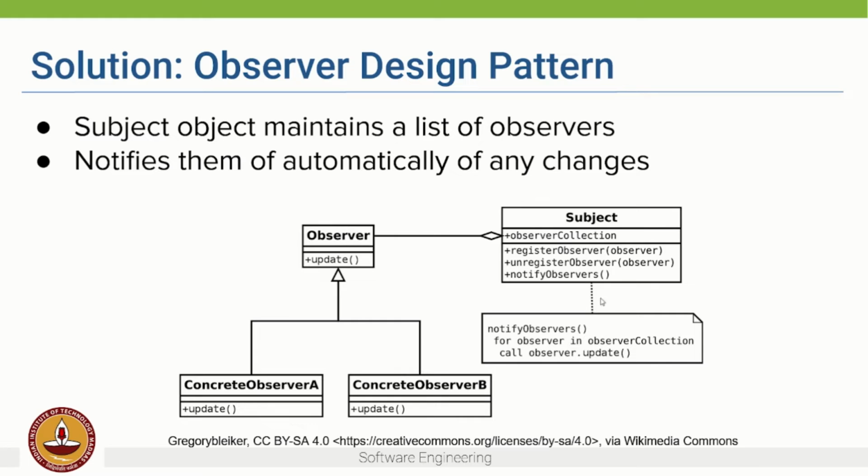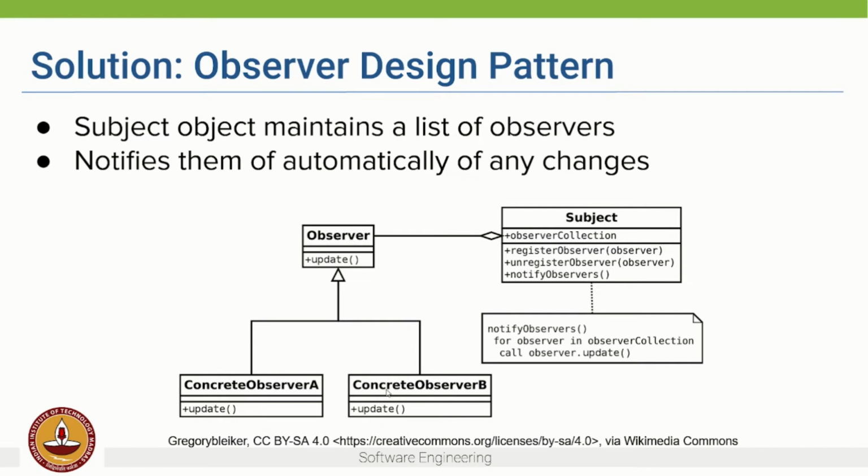So we have a subject class, right, which maintains a collection of observers. The subject class can register and unregister observers. And we see that the observer is an interface, right, which has a function called update.